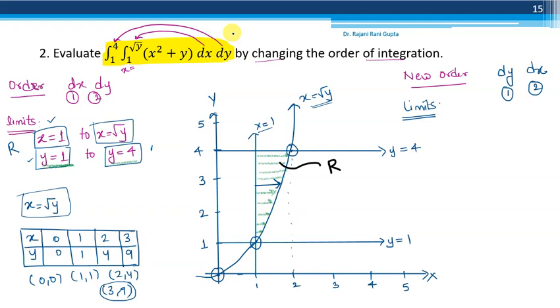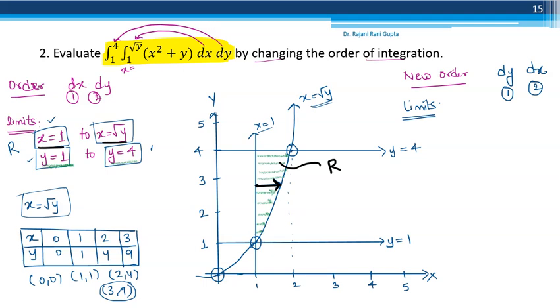You have to be very careful when you are deciding the region of integration. If you make a mistake here, suppose in place of this you select this as the region R, everything goes wrong. So pay attention to what is given. It's easy. Start with the first limits of integration: x equal to 1, x equal to root y, so along this line, and y equal to 1 to 4.